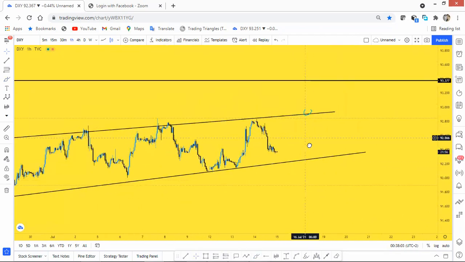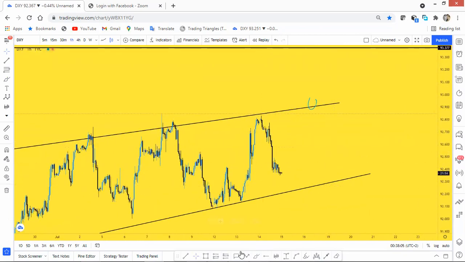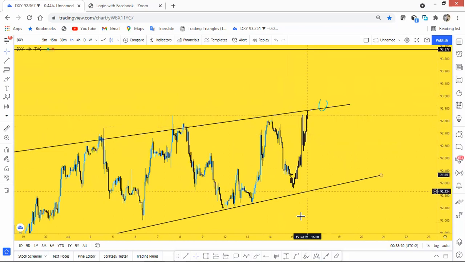So now this sell, how will I look for it? The market won't just come here and then immediately I sell. It doesn't work like that.